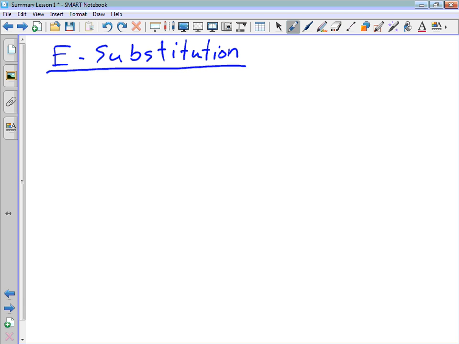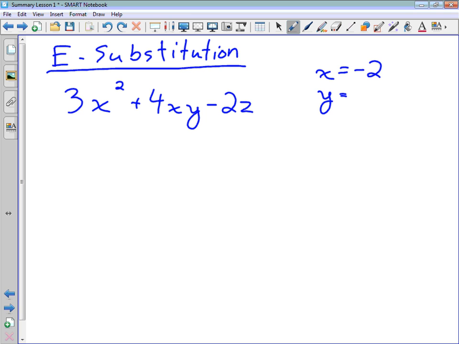And for this one, well, I might just make up a big example here. 3x squared plus 4xy minus 2z, and choose some values for x, y, and z. And by way of explanation, write out what I do in terms of substitution.